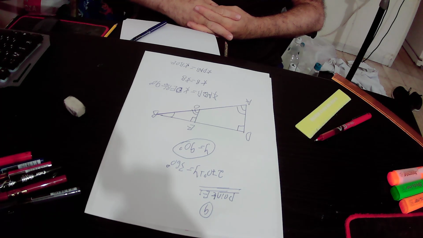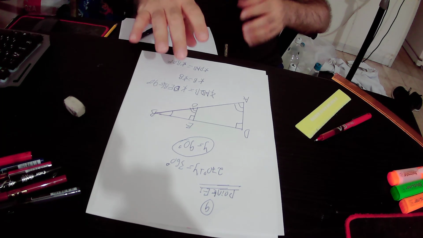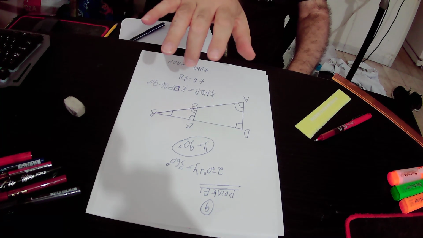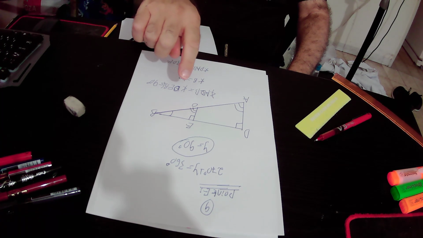Okay, if two angles of one triangle are equal to two angles of another triangle, then the third pair of angles also must be equal in those two triangles according to the third angle theorem, because the third angle is complementary to 180 degrees. So actually we proved that all the angles in the big triangle, triangle ADB, are equal to all the angles of triangle OEB.